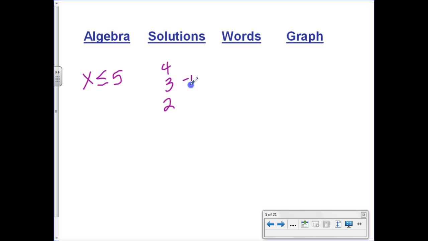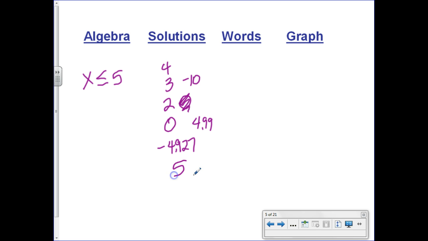I could say -10, 0. I should make sure that that doesn't look like a 20. I'll put a 0 there. I could say -4.927. You know, you can pick any random thing you want. I could even say something like 4.99, because that's less than or equal to 5.